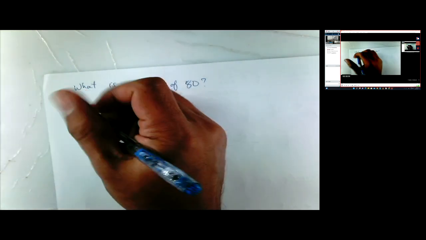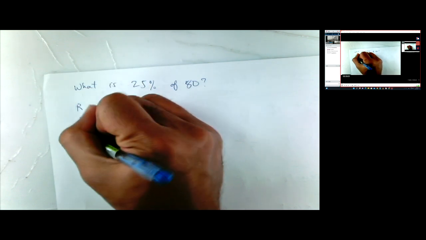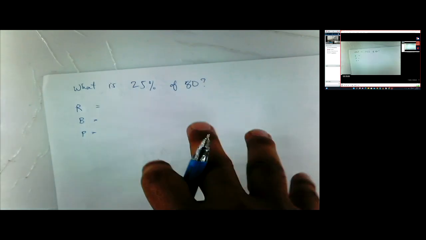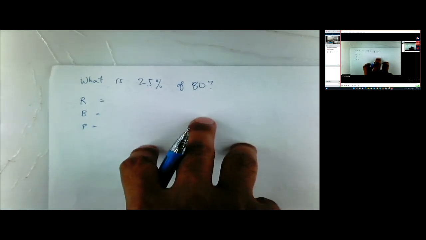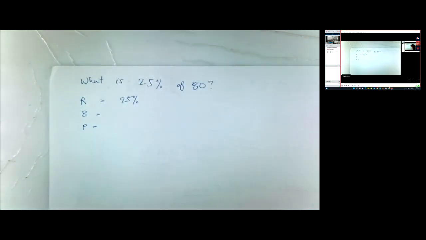Again, to solve this problem, you need to identify the rate, the base, and the percentage. Now, what is the rate of the problem? 25%. What is the base? The base is after the word of. 80.